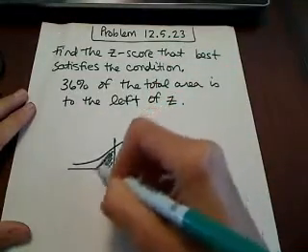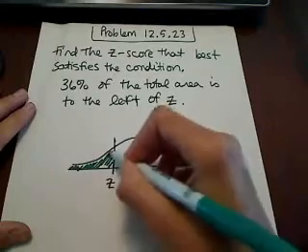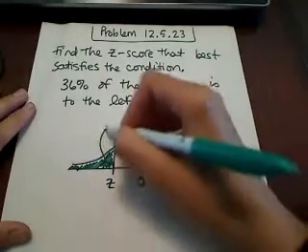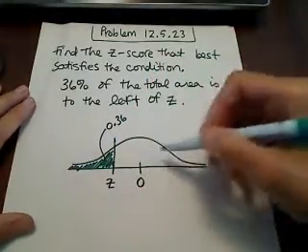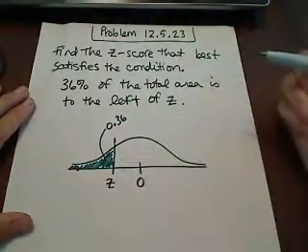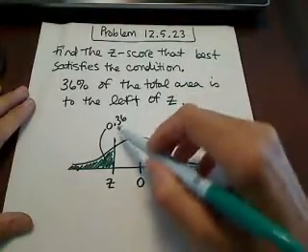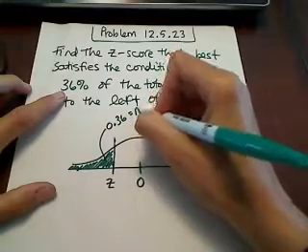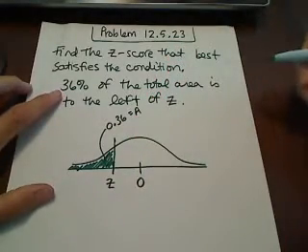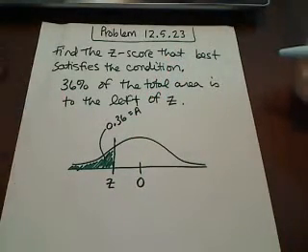But what I am given is that to the left of z, all of this shaded area right here is 36%. I haven't drawn this to scale, because it should be over a little bit more, but 36% is just 0.36, and that's an area that we can use on our normal chart.